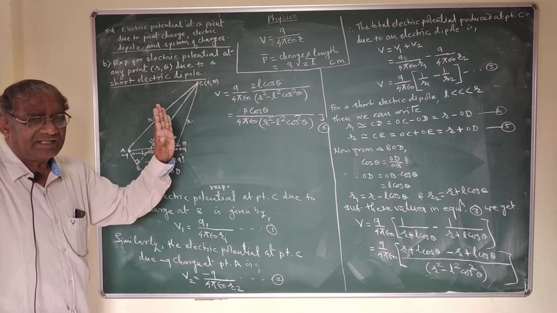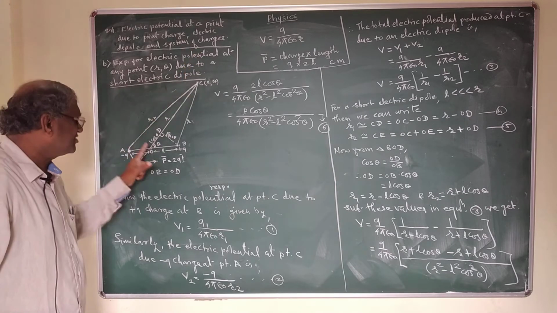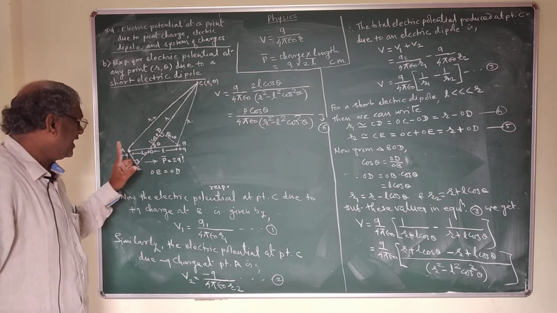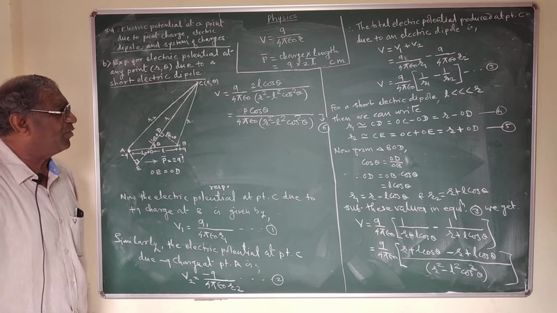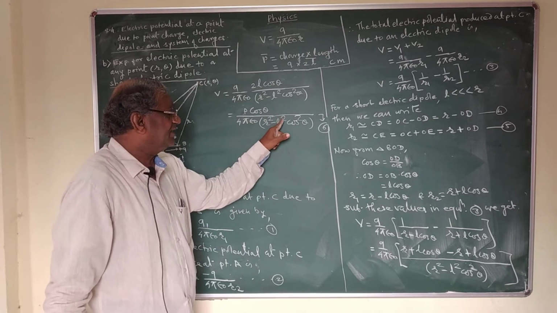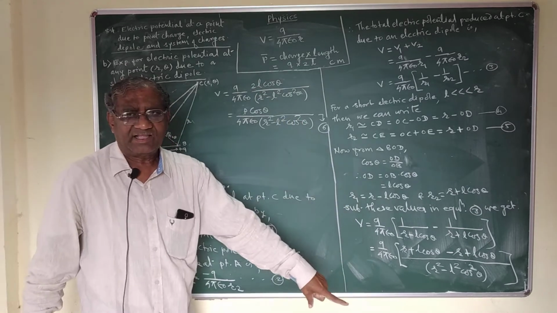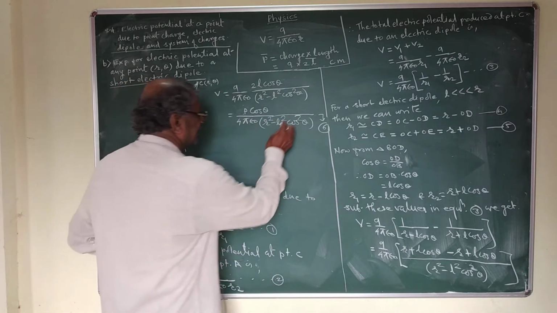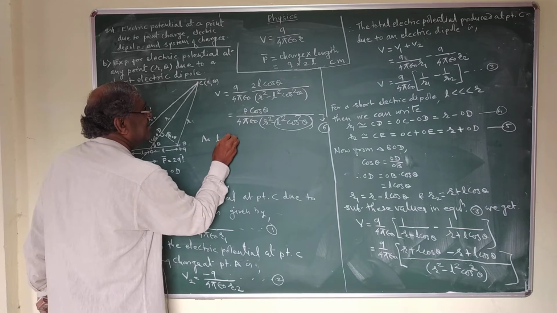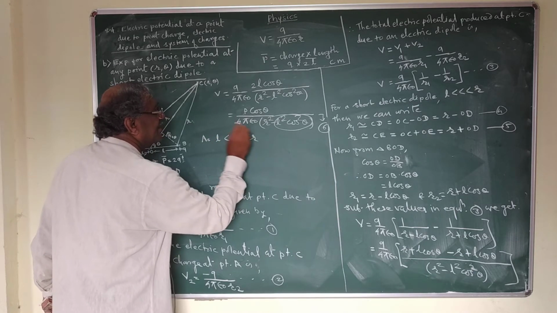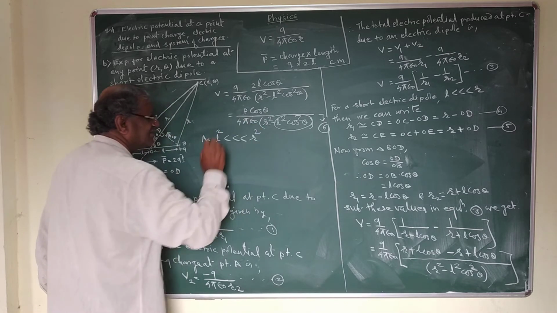That is, for a short electric dipole, if the point C is situated at a large distance from the center of the dipole, and the length of the dipole is very small, then the quantity L square cos square theta is negligible as compared to R square, so this term can be neglected, as L is very much less than R. Therefore, L square is very much less than R square.